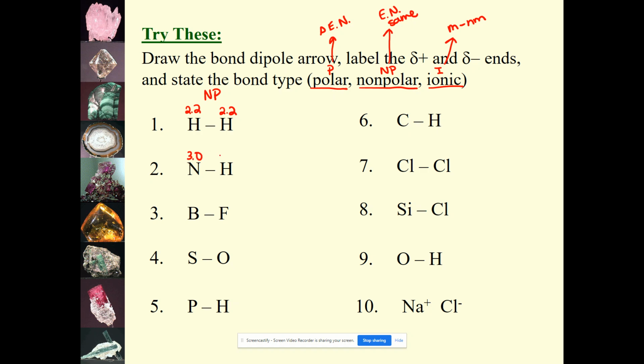Whereas here, I do have a difference in electronegativity, so it is polar, and I draw the arrow pointing towards the element with the higher electronegativity, with the positive tail at the other end. I label this end as slight positive, and this end as slight negative. Pause the video, go through, and see if you can get the correct answer. When you come back, I will put up the answers.